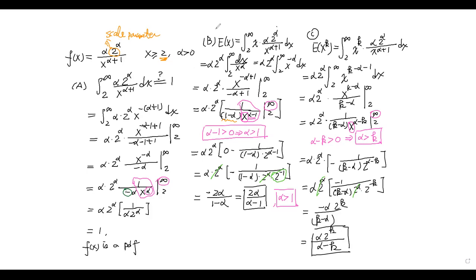So this is the k-th moment, and what is your requirement here? Alpha has to be greater than k here. All right, and so let's take a look at the last part here. The last part is they want to find the variance of this Pareto random variable.